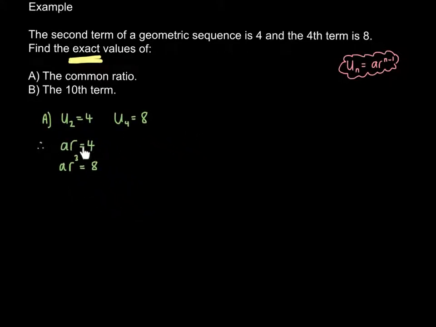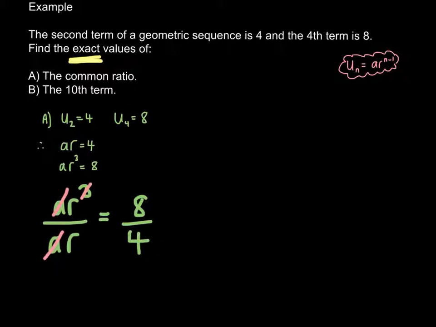Okay, but the technique or the trick to be able to solve these is basically take the one that's got the highest power of r and divide it by the other equation. So if I do AR to the power 3 divided by AR, that's going to be equal to 8 divided by 4. I'm just literally dividing the one equation by the other.